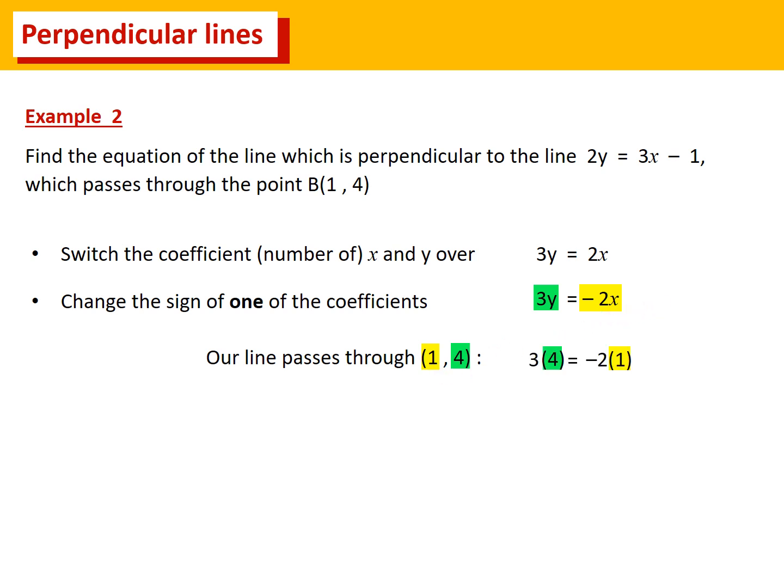So our equation becomes 3y becomes 3 times 4 equals, and minus 2x becomes minus 2 times our x value, which is 1. Now we have here 12 equals negative 2, which clearly it doesn't. So what do we need to do to negative 2 to make it up to 12? We need to add 14. And so our actual equation is 3y equals negative 2x plus 14.